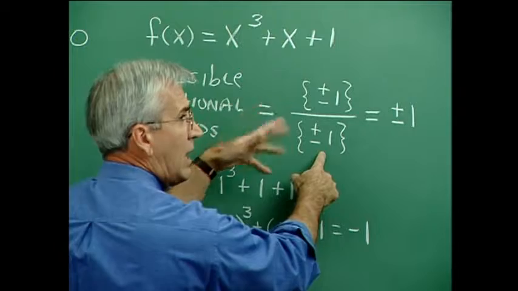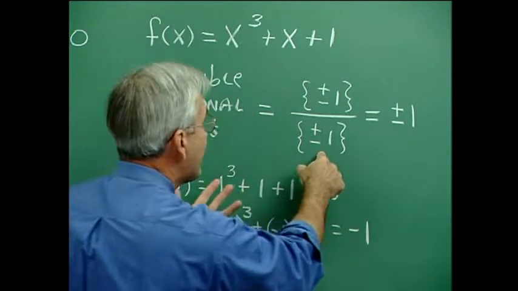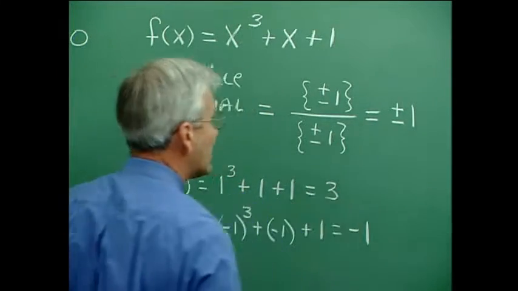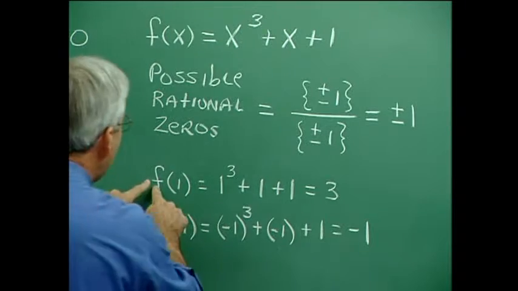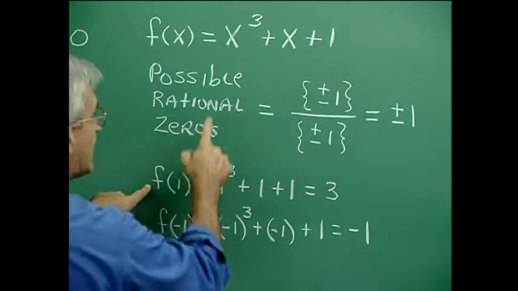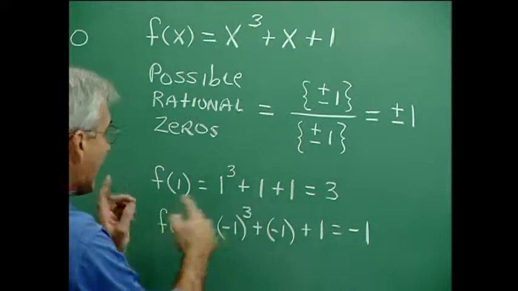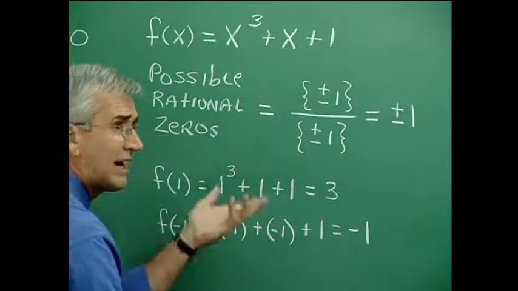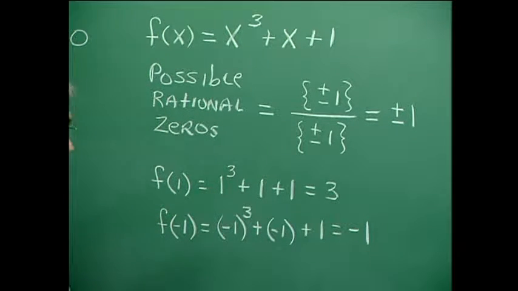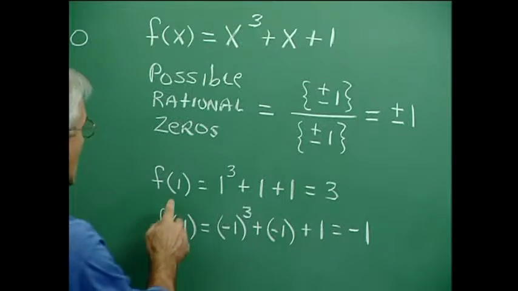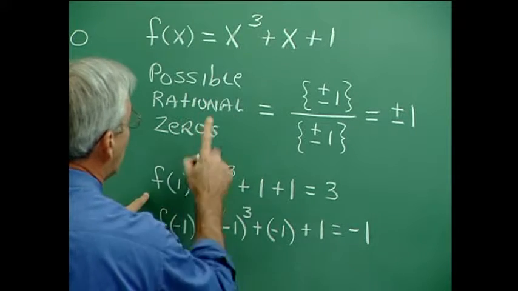So all of the possible fractions that can be made out of this would be plus or minus 1. Now, f of 1 turns out to be, and notice I'm evaluating f of 1 and f of negative 1 kind of by hand because there's no sense in going through the synthetic division process for this purpose. It's just too easy. So f of 1 means replace x with 1 and evaluate.